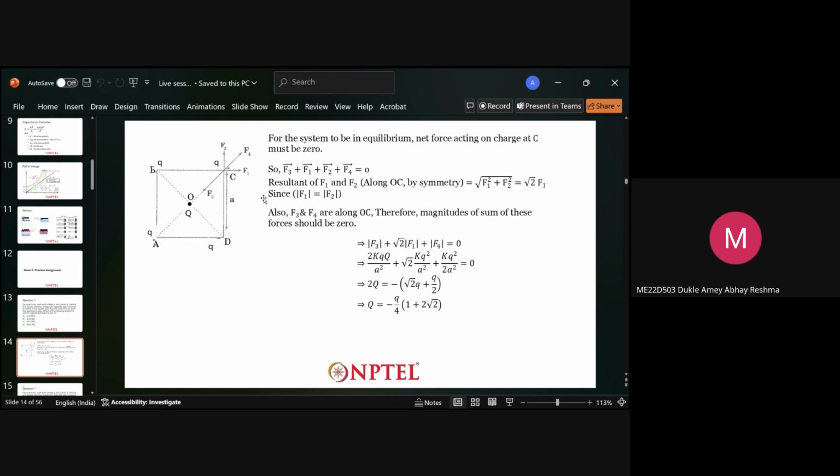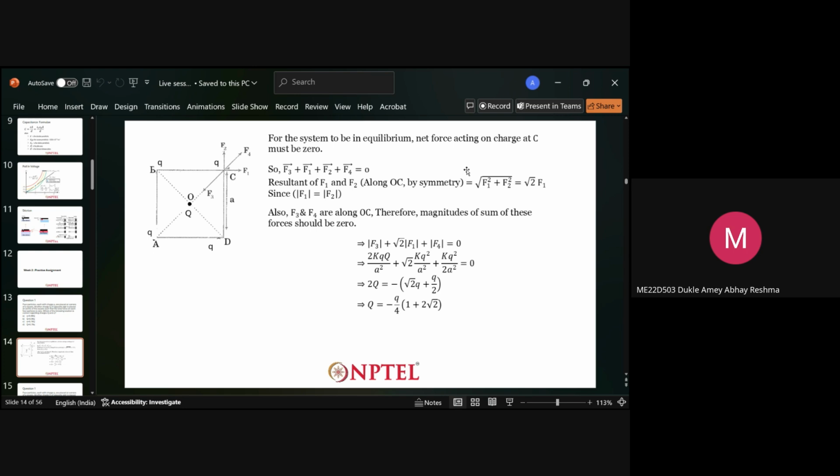Based on that, we use Coulomb's law and solve it. We apply the entire scenario along only OC, and then we take out the answer. So you first resolve the force at C.